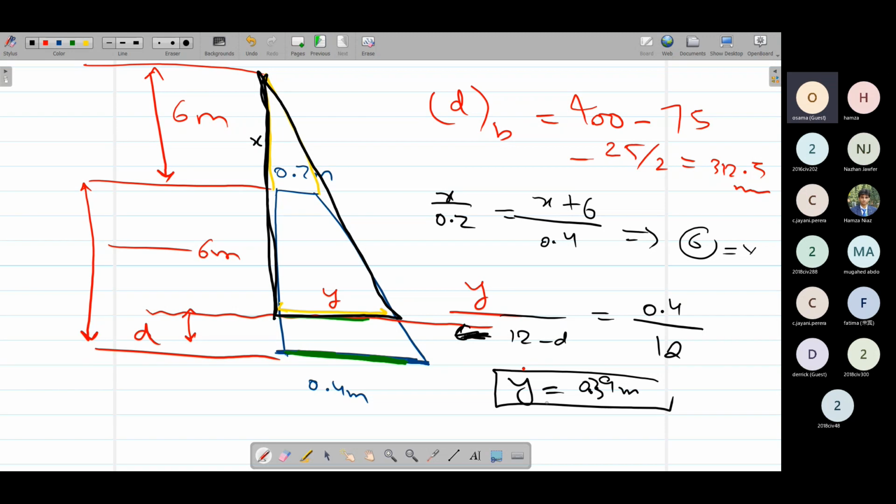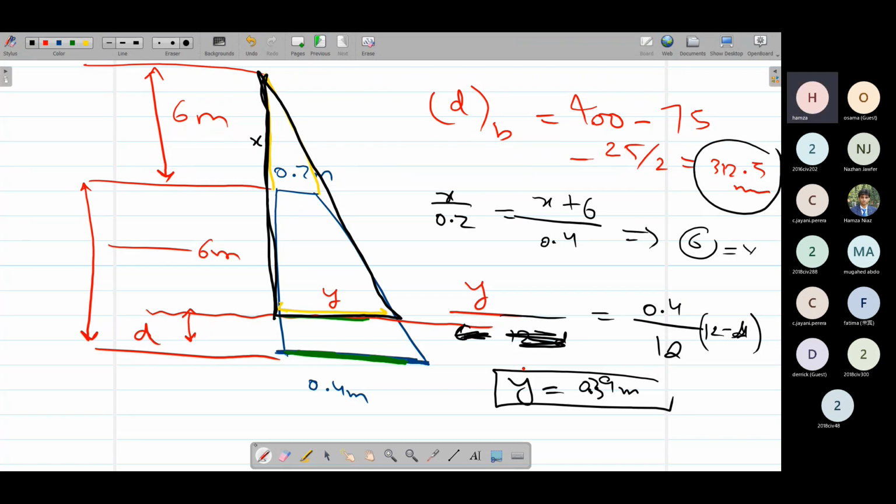What is the value of that d? D we calculated as 312.5. Simply take this 12 minus d in this direction, put d as 0.3125, 12 is 12, and simply multiply.